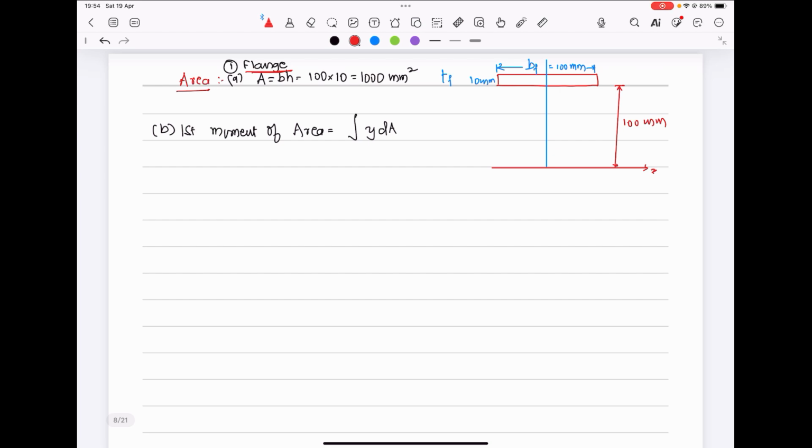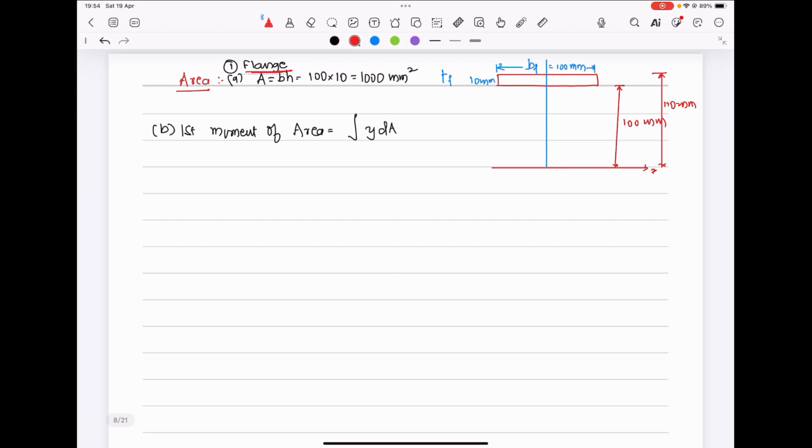Y ranges from 100 to 110 mm. Do you agree? Up to this it is 100 mm, this is 110 mm. This is the distance from x-axis.